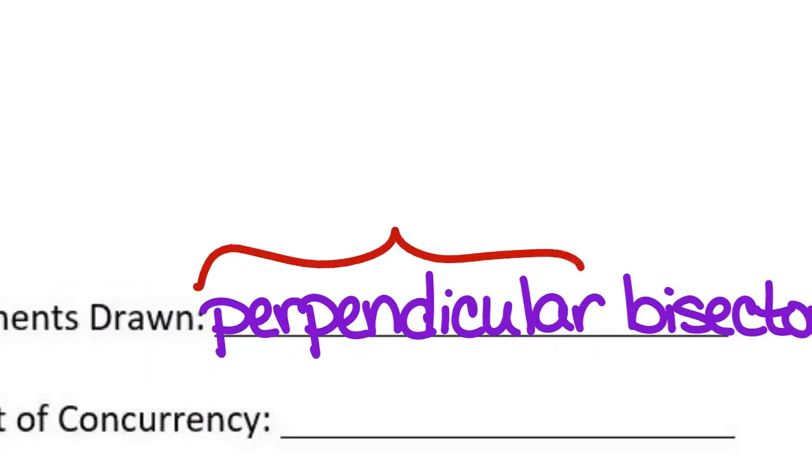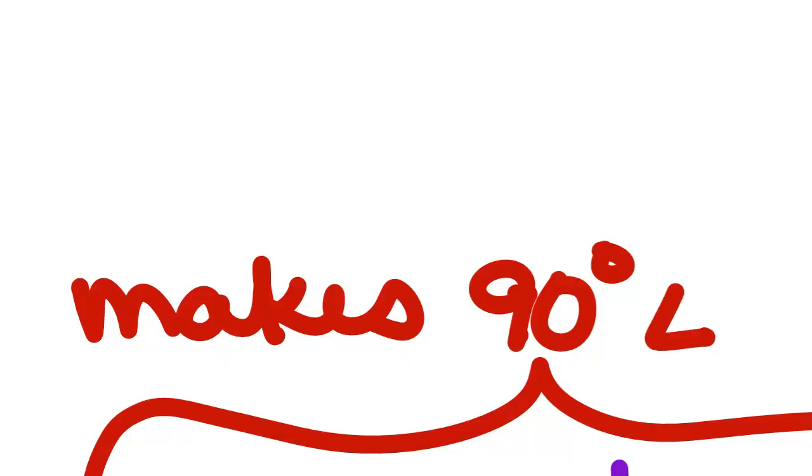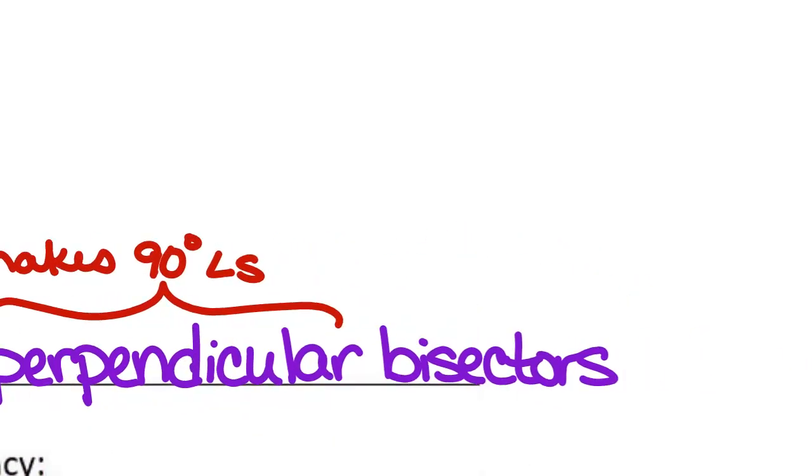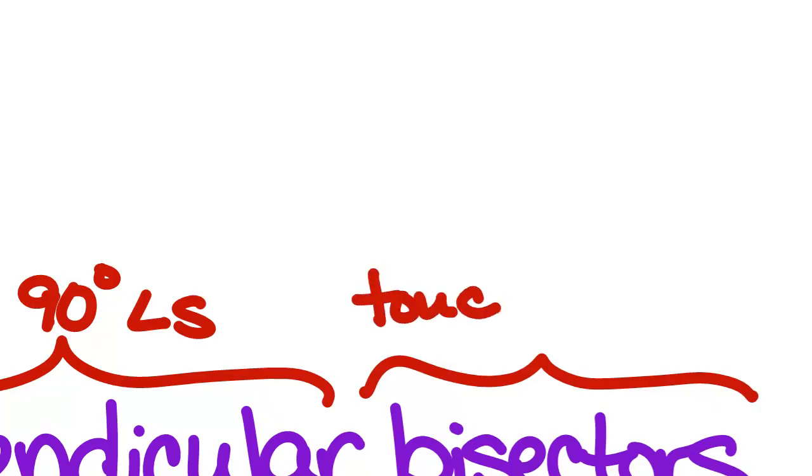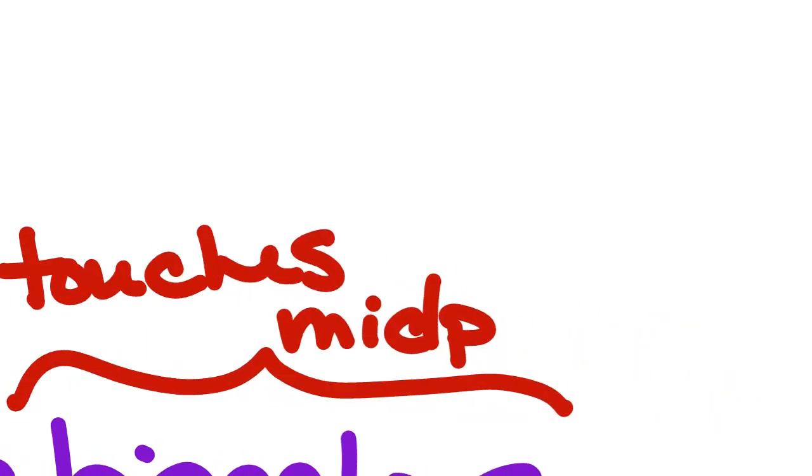Perpendicular means that it makes 90-degree angles. Bisector means that it touches the midpoint.